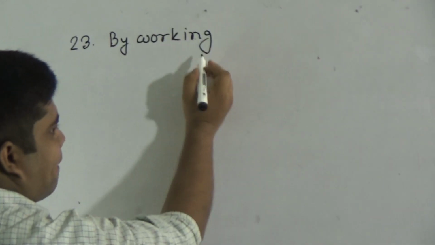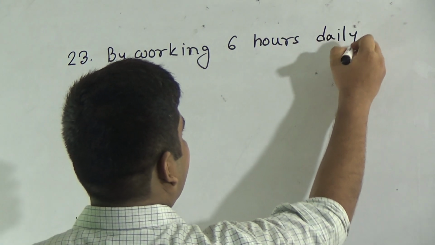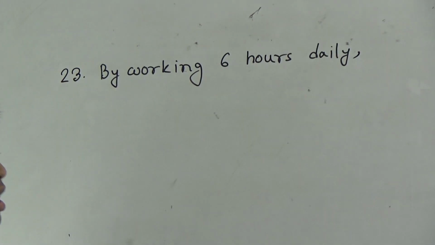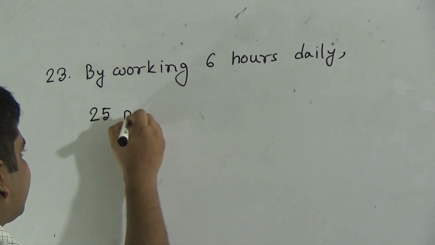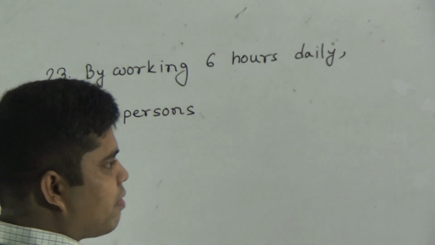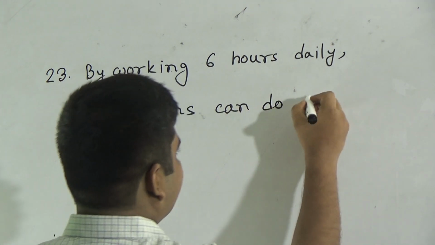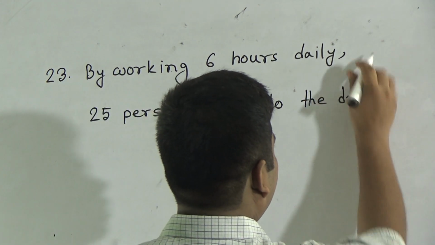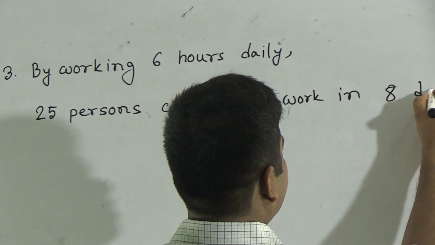First of all, we write: by working 6 hours daily. Here I give a comma. After that I start from here: 25% can do the work in 8 days.